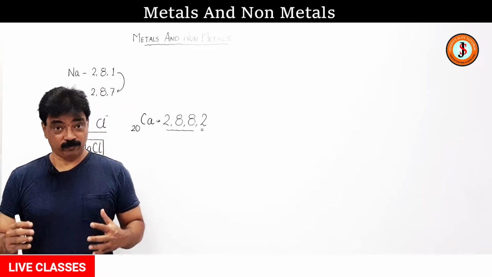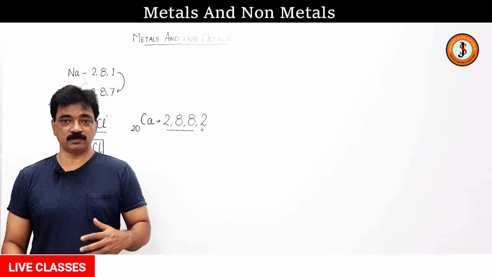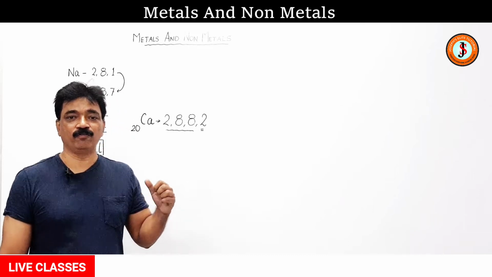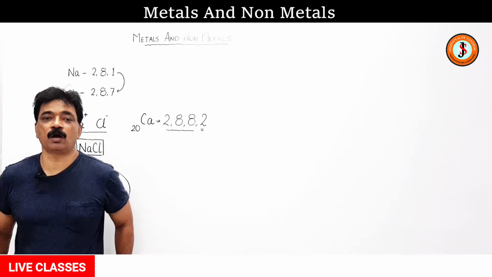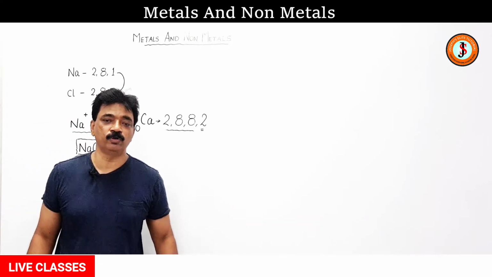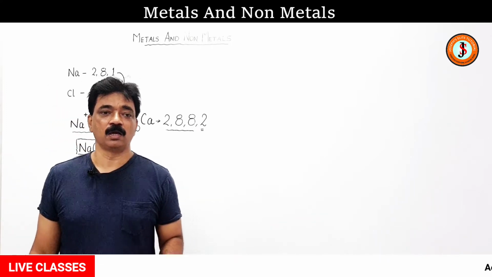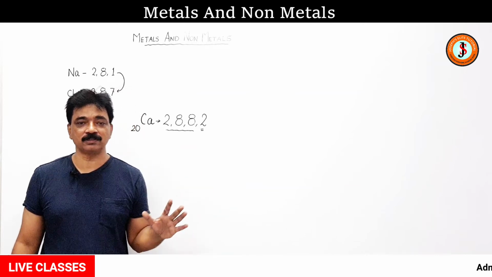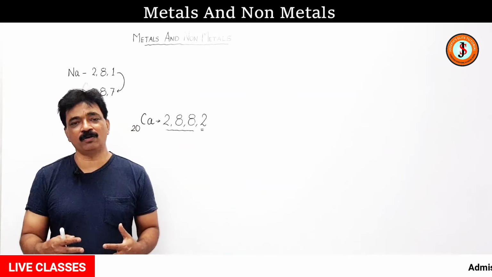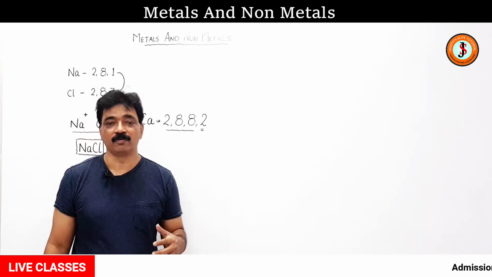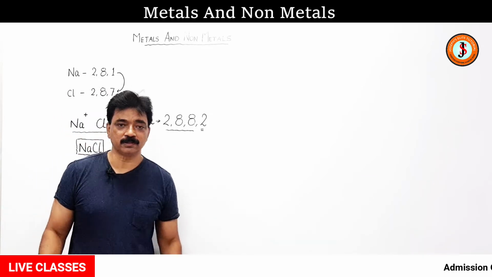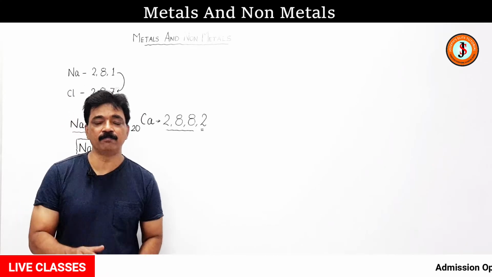When you look at the configuration of non-metals, their outermost orbit will contain 4, 5, 6, 7 or 8 electrons. We include noble gases in non-metals because they are gases, and combining all the properties of a metal, we do not find anything matching there. So noble gases can also be considered non-metals.